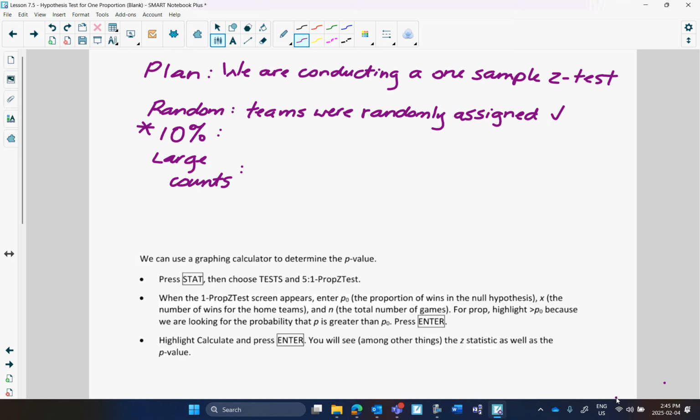The 10%, this is kind of an exception. Notice, or perhaps you didn't notice, when we did confidence intervals and we tested the conditions, it was always about, were they randomly selected, right? Were the objects randomly selected? Were the people randomly selected? What's different about this? They're not randomly selected. They're randomly assigned to two groups. When we randomly assign people or objects to two groups, don't overthink.